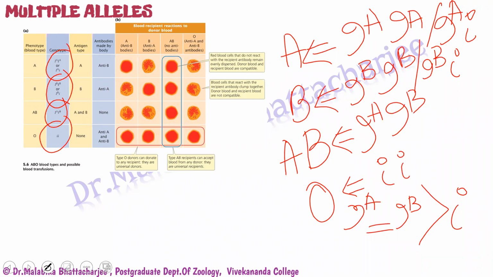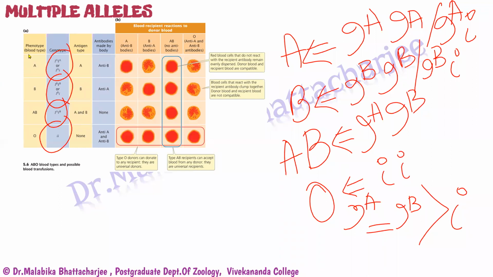These enzymes recognize sugars. Let me put it this way: they add sugars to the terminal chain of a protein found on the surface of RBC. So on the surface of RBC, there is a molecule and they add terminal sugars to this molecule.